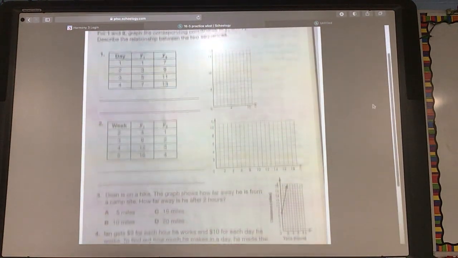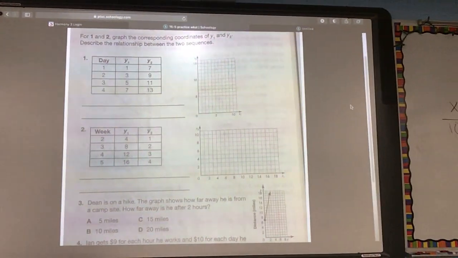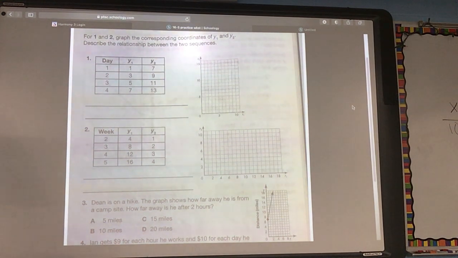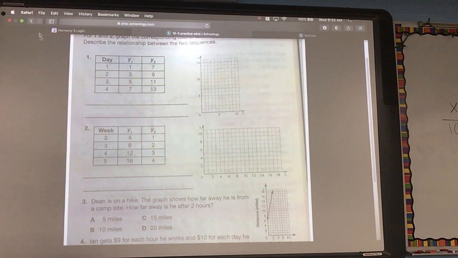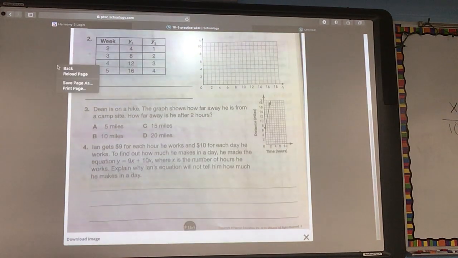You guys only have 4 questions. Go ahead. Read me the directions for number 1 and 2, and let me zoom in here.